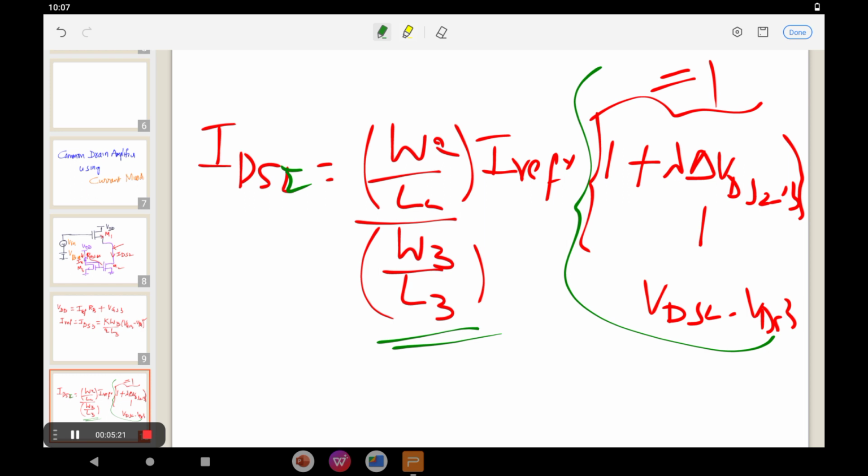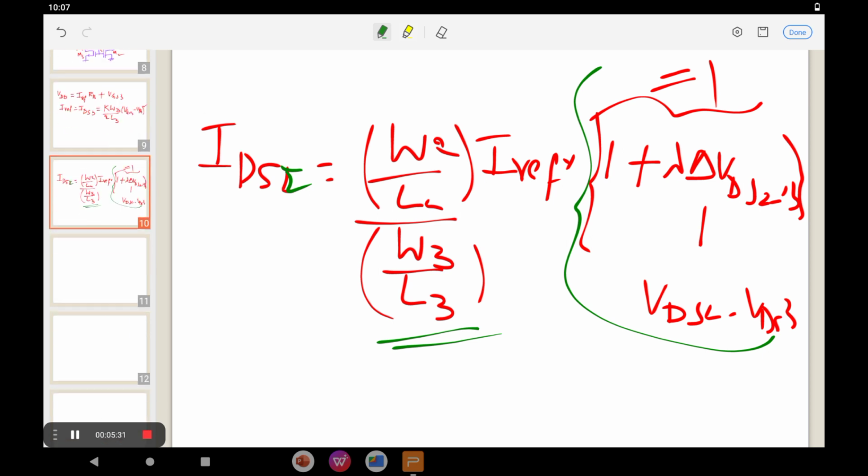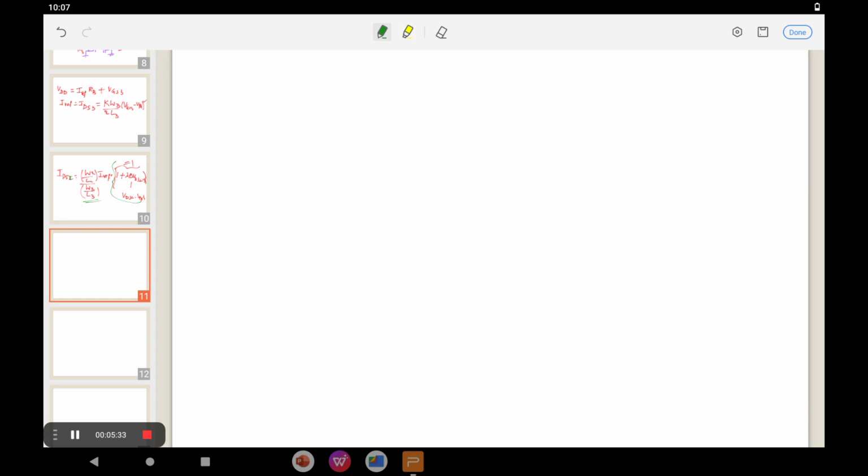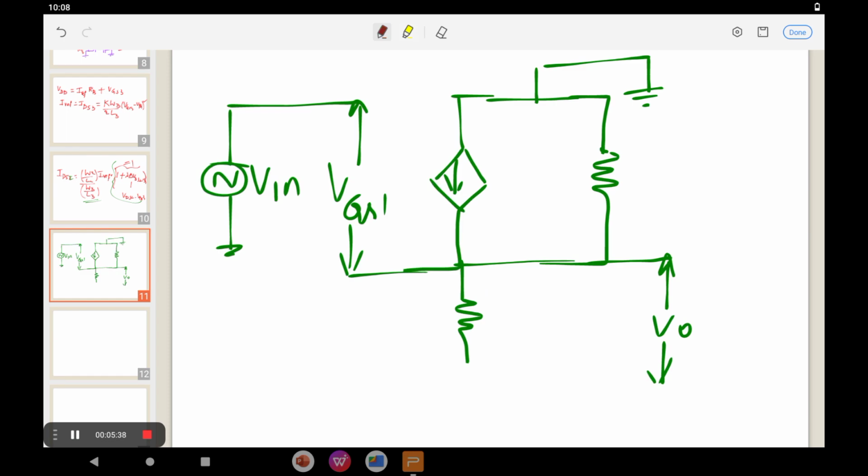That is the equation for the drain current in the case of the common drain amplifier. At the same time, as we discussed from the common source point of view, I will draw the small signal analysis for this circuit. This is the small signal representation for the common drain amplifier.